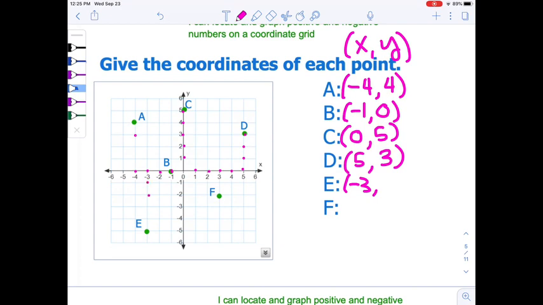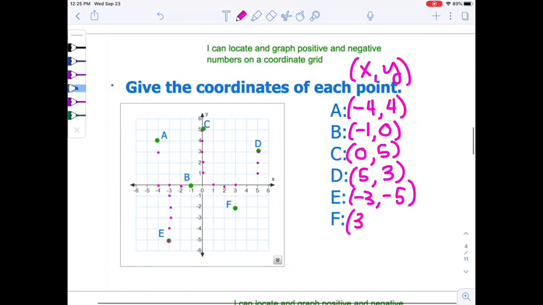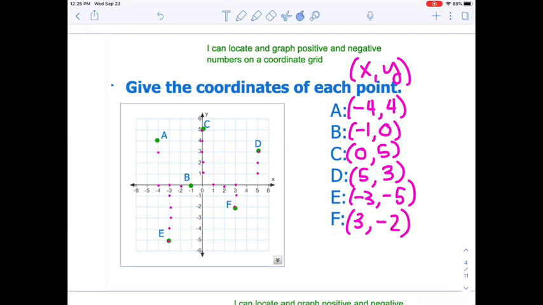And we go down 1, 2, 3, 4, 5, which is -5 since we go down. Then our last one, which is letter F, we go to the right 3, so that's +3 for our x, and we go down 1, 2, so that's -2 for our y. Remember, coordinates are always written as x then y, parentheses on the outside, comma in between.